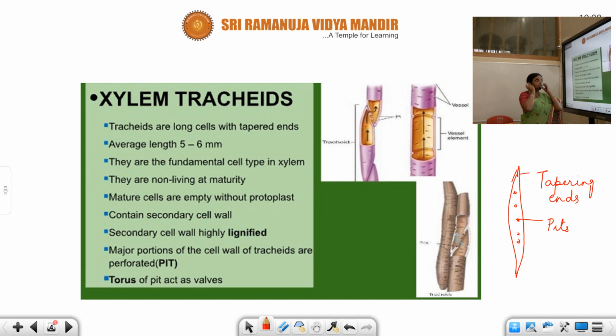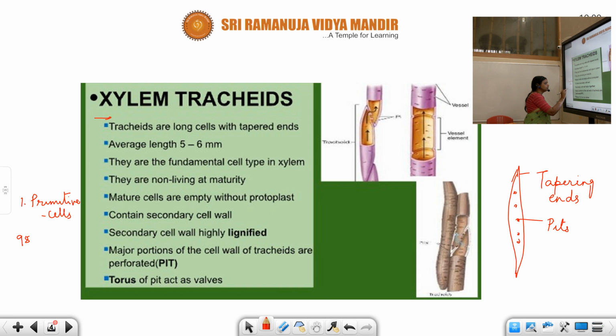It is present in 95% in gymnosperms and 5% in angiosperms. So tracheids are found generally in gymnosperms and pteridophyta.